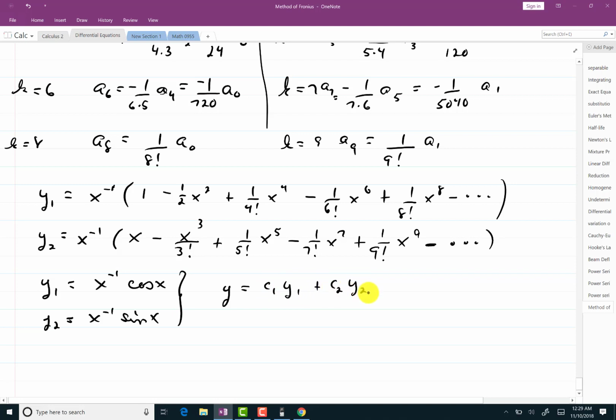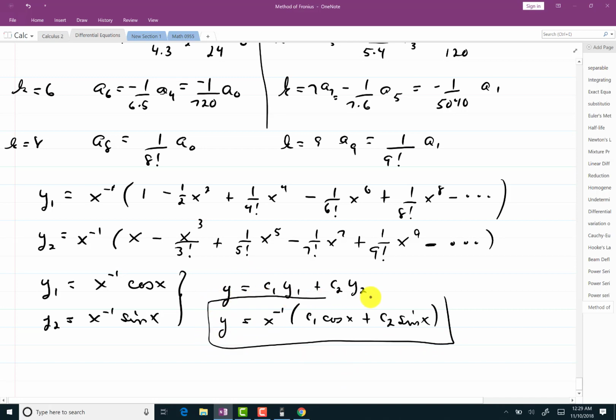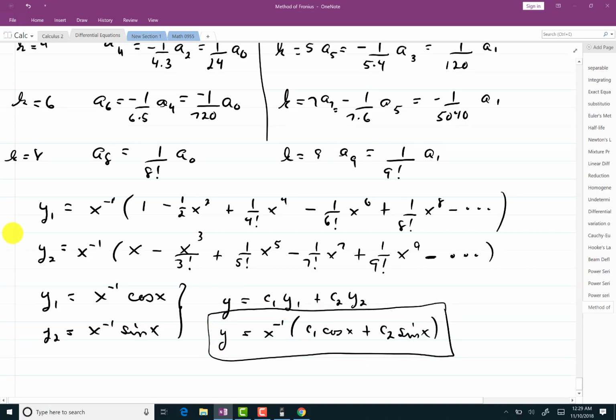I can simplify this a great deal just by pulling out 1 x to the negative 1, c1 cosine of x plus c2 sine of x. So that was really a nice final example to do in terms of this. I was not aware that it was going to turn out to be so nice before I started this problem, but there you go. So what is it that made these last examples different?